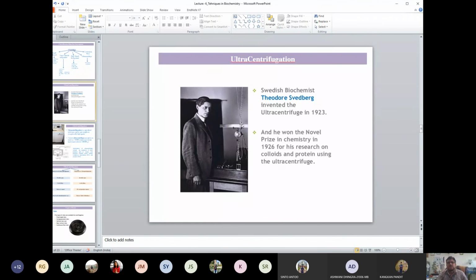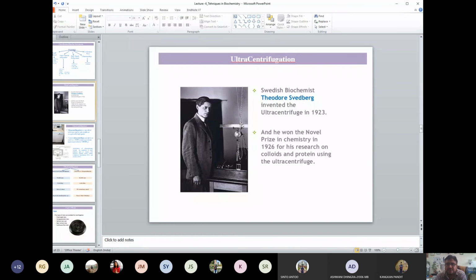Now coming on to ultracentrifugation, as I told you, in a subsequent slide I'll tell you more, and I had already given you information that ultracentrifugation was first discovered by the Swedish biochemist Svedberg.